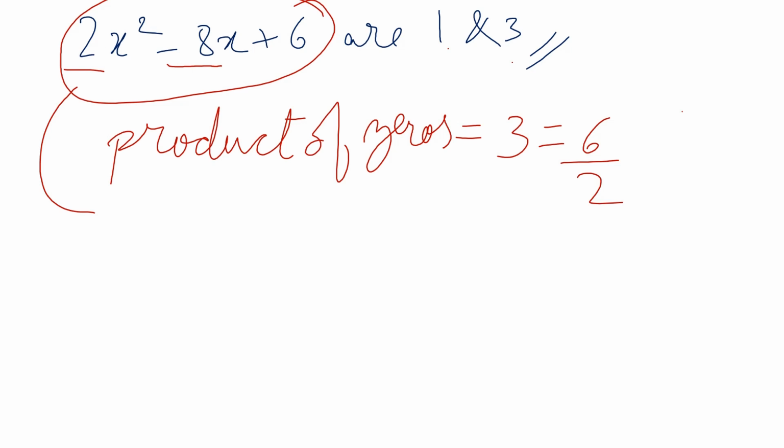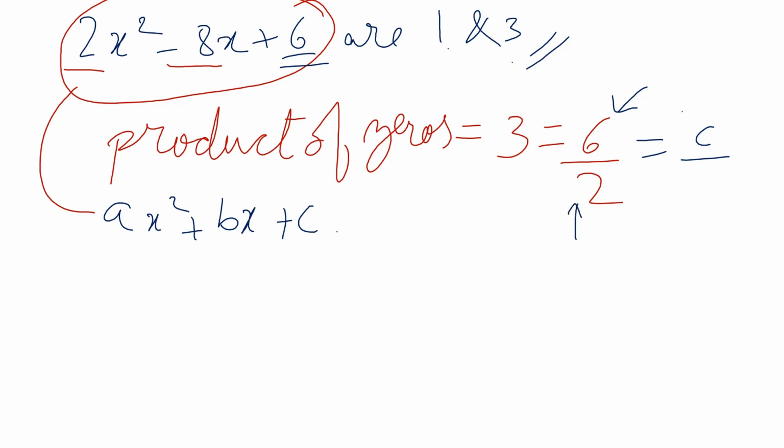And then when we observe, 6 is nothing but c, the constant term in the polynomial. I'll write this again, ax square plus bx plus c. So 6 is nothing but c, and then 2 is nothing but the coefficient of x square, that is a. Hence we get the product of zeros is nothing but c by a.